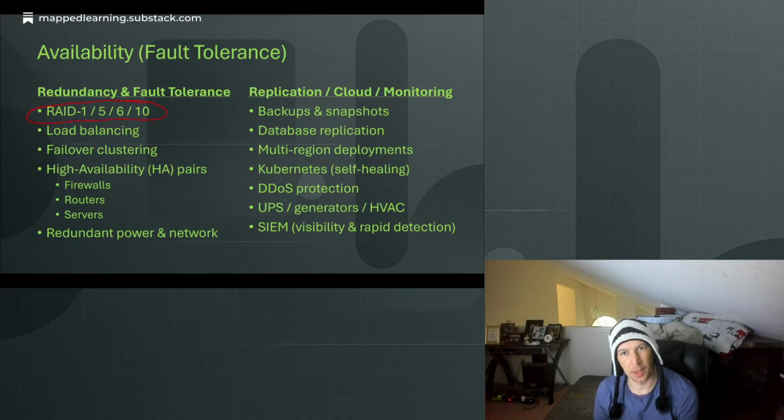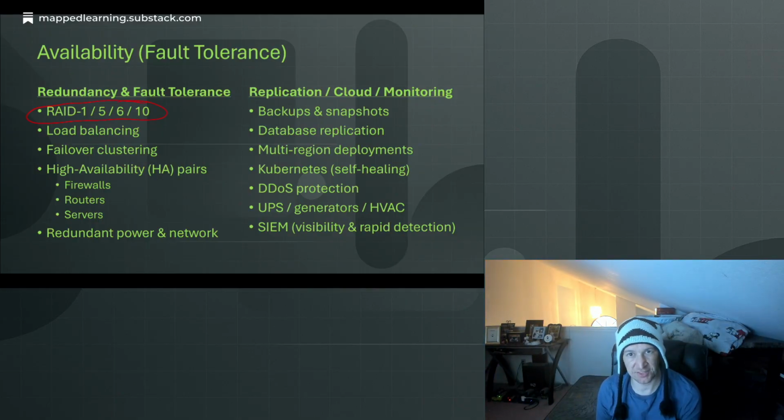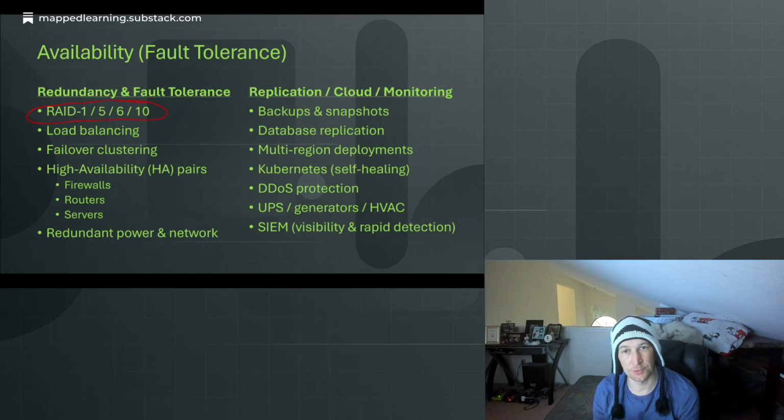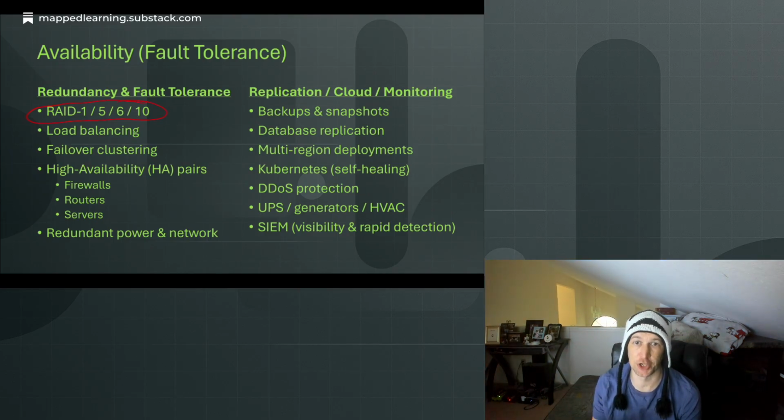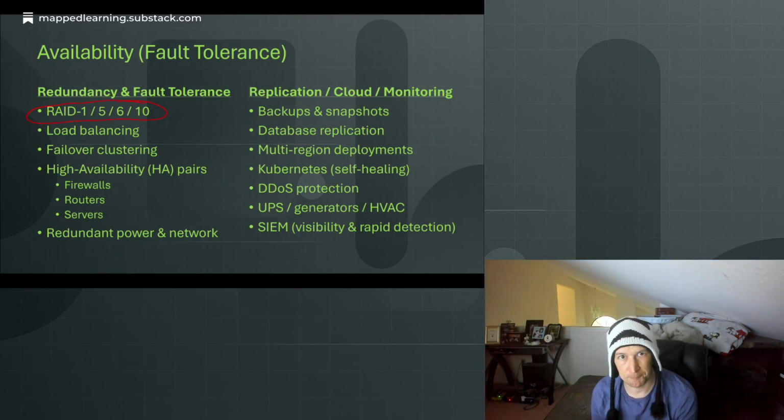And then on the right side, I have replication, cloud, and monitoring. That's exactly what you might think it is. Replication means copying data. Cloud means storing extra data on the internet. And monitoring is being able to get alerted when something bad happens.